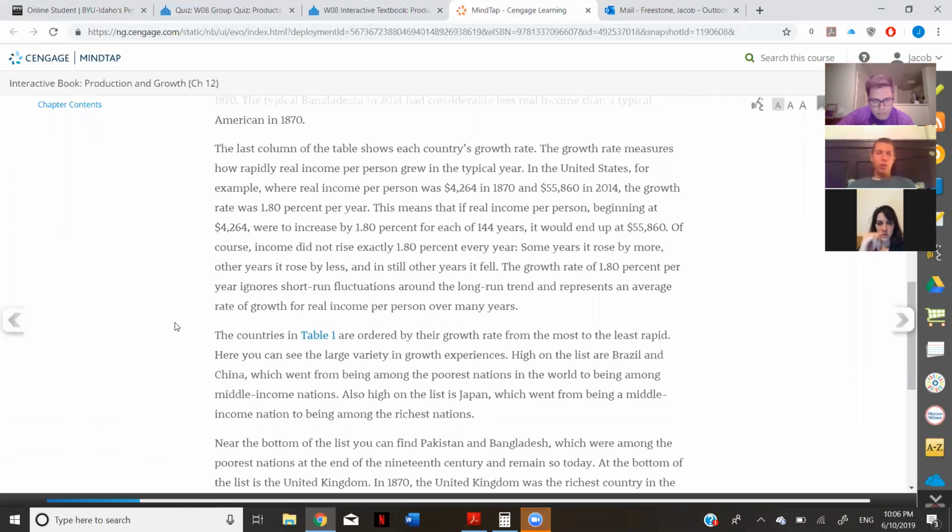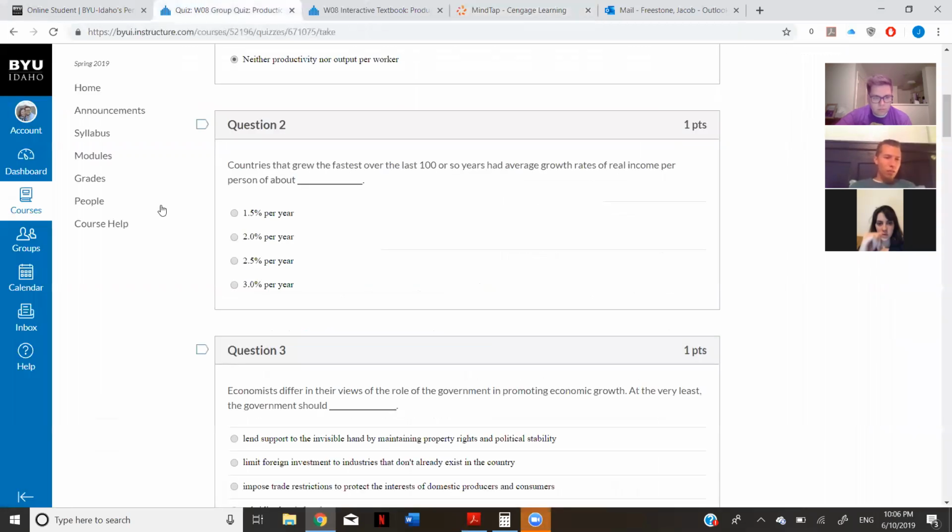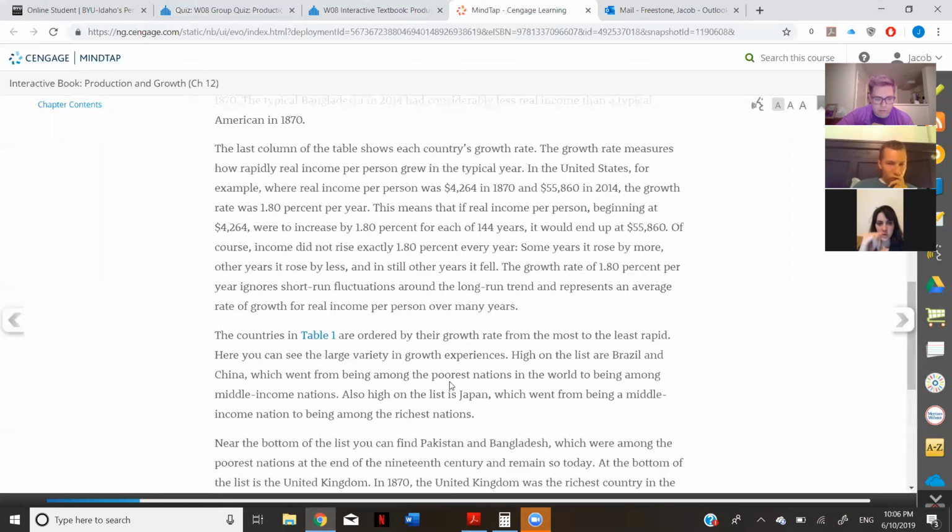I know the U.S. was at 2%, but was that the fastest country? I mean, average growth rate, so an average.